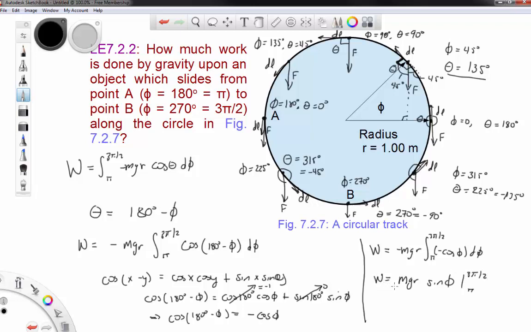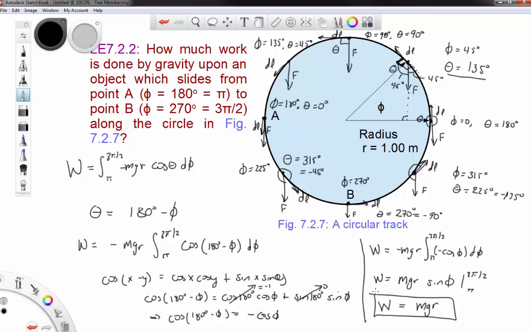And so you evaluate this guy, sine of pi is 0, sine of 3 pi over 2 is negative 1. I probably added an extra minus sign or dropped a minus sign when taking a dot product, but we have basically come up with that the solution is that gravity does a work of mgr, which is the solution that we got with the simple method above.